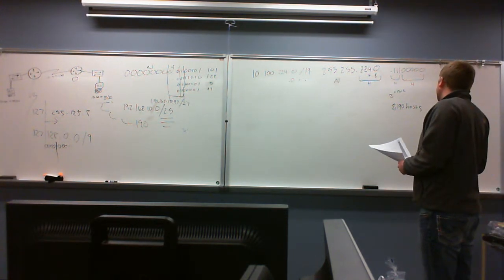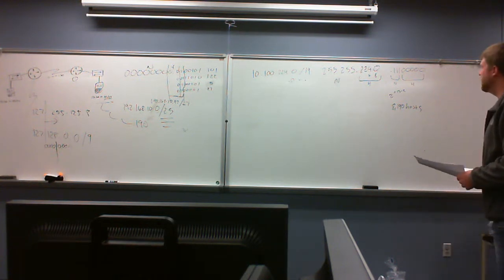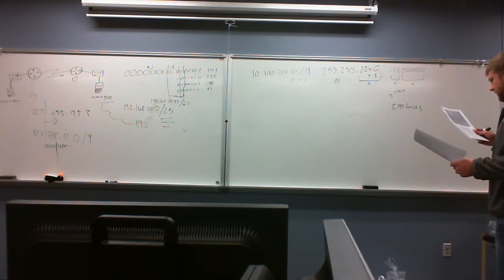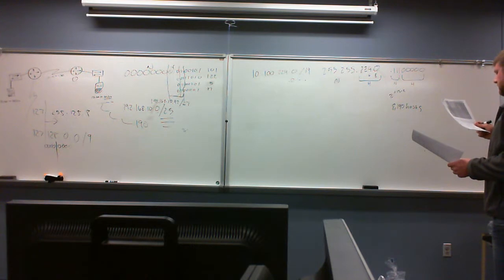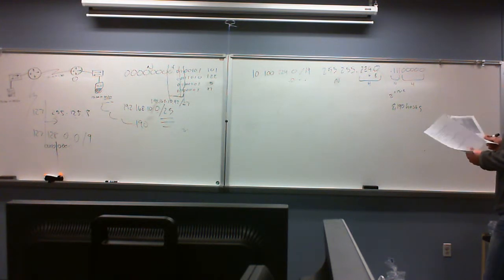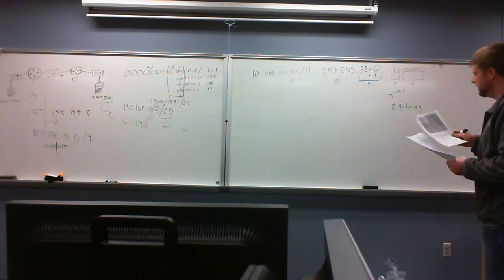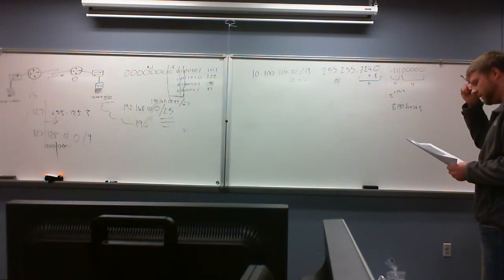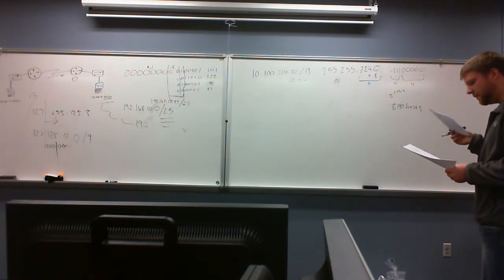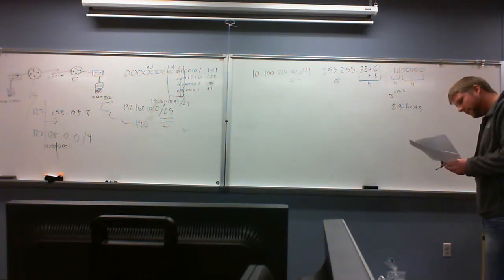Okay. So there's 8,190 hosts on that bad boy, and there is 2,048. Not 36. I was using easy numbers earlier because I had time to think it out and wasn't on the spot.